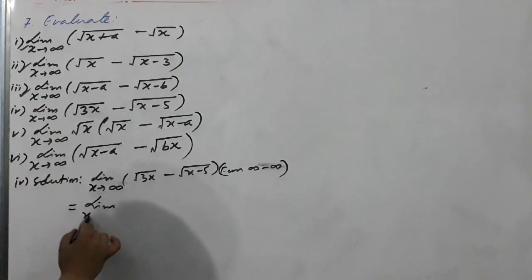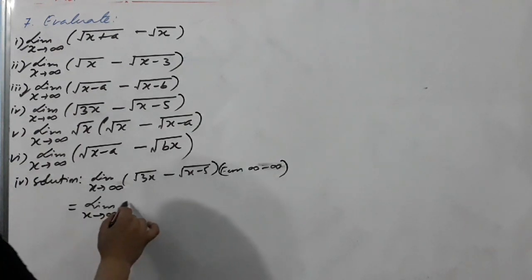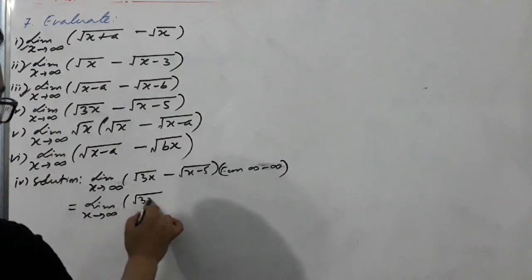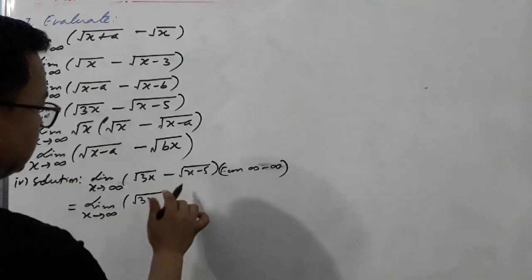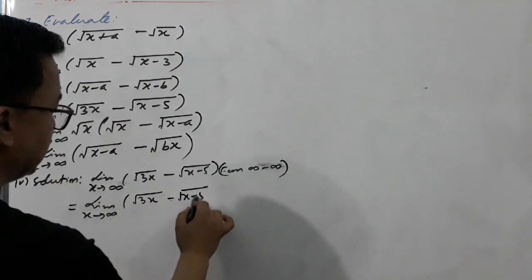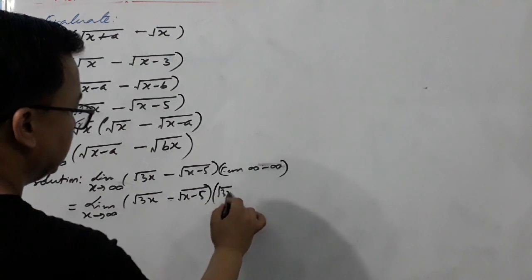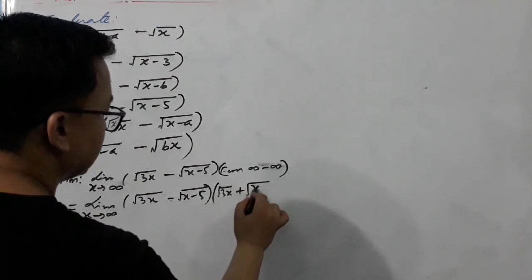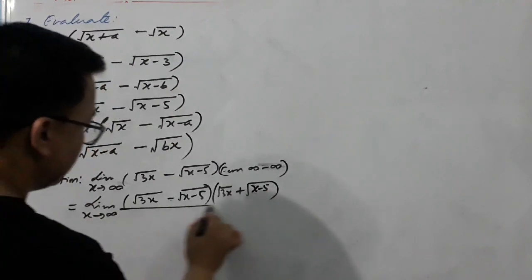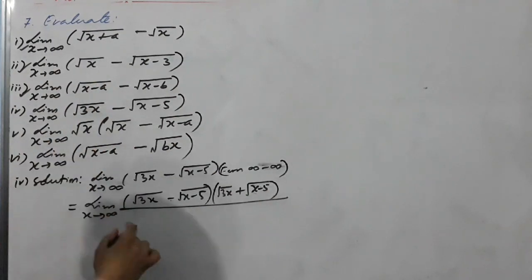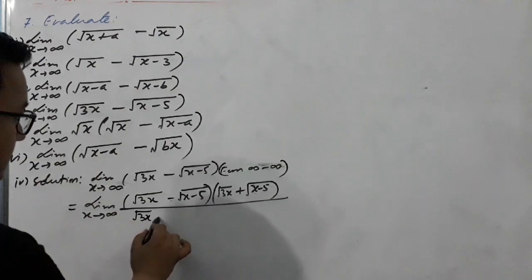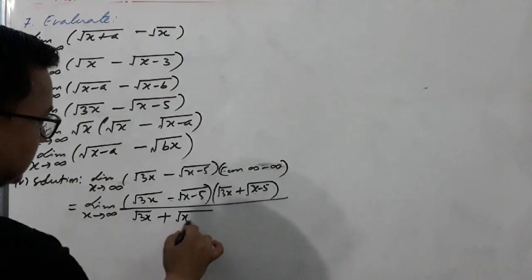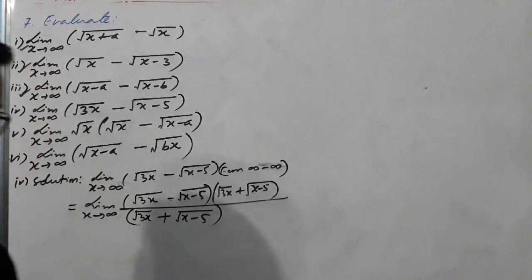Just apply the same method: multiply by the conjugate, root 3x plus root x minus 5, over root 3x plus root x minus 5.